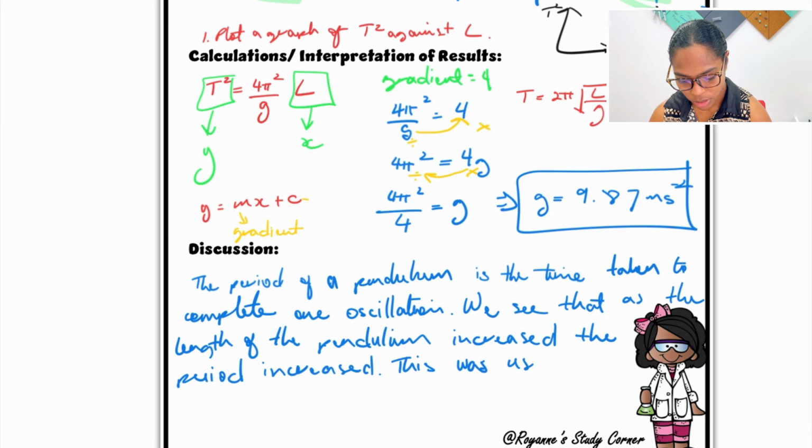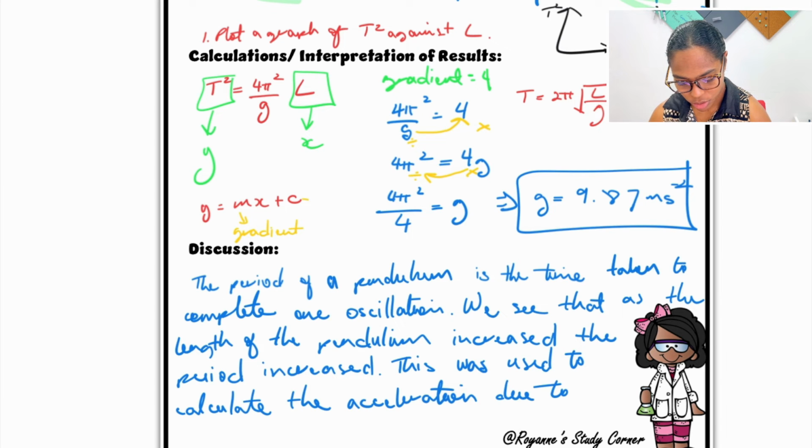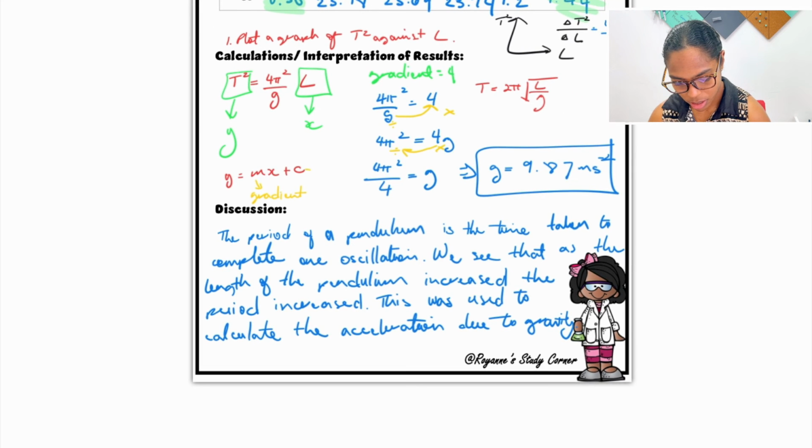This was used to calculate the acceleration due to gravity. This value is usually taken as, or the theoretical value of this is, 9.81.